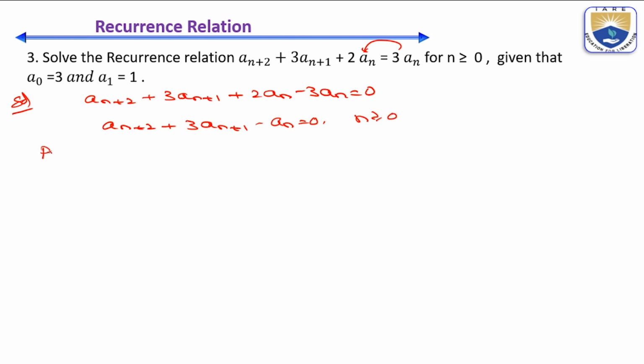So we substitute n equals n minus 2. Then this becomes a_n plus 3a_{n-1} minus a_{n-2} equal to 0, for n greater than or equal to 2.